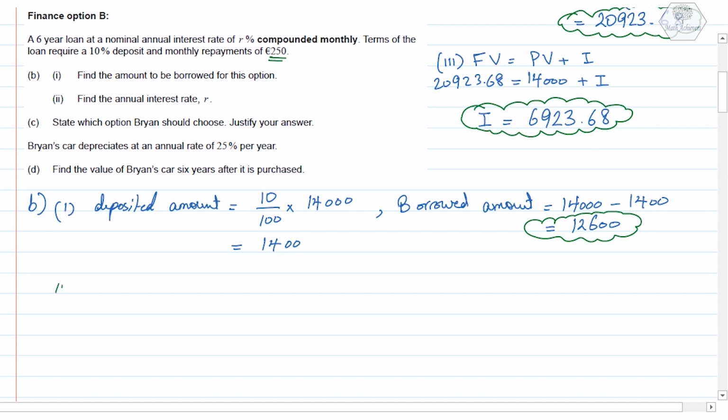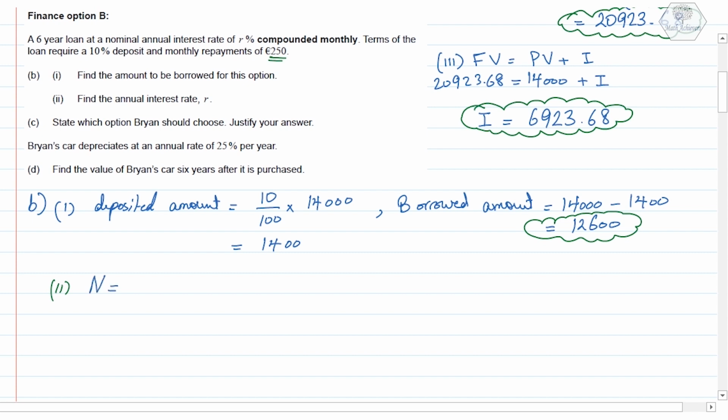Part B double I, we need to find the annual interest rate R. Also, we have the number of payments.